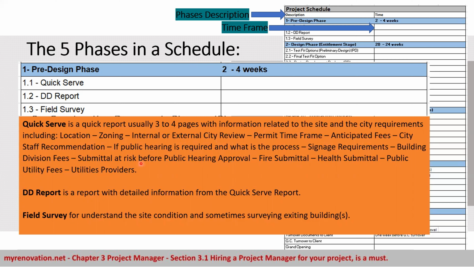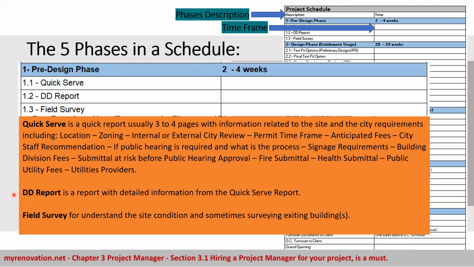Signage requirement, building division fees, submittal at risk before public hearing approval, fire submittal, health submittal, public utility fees, utility providers. Usually we collect this information by visiting the city, calling the city, or online search.